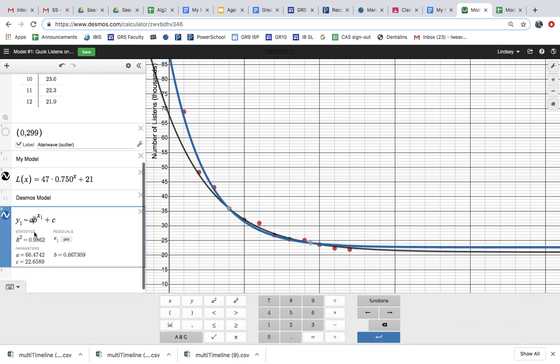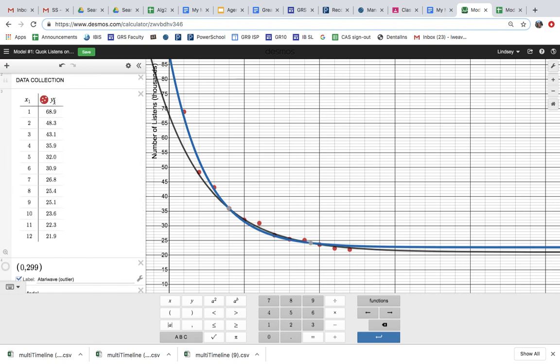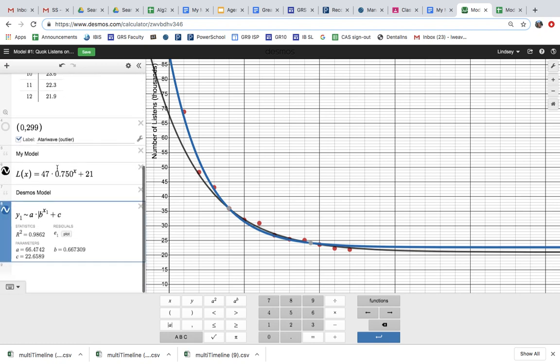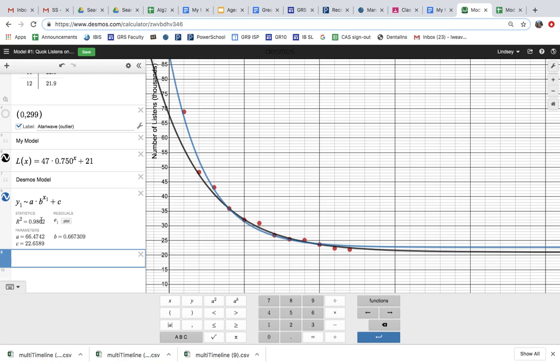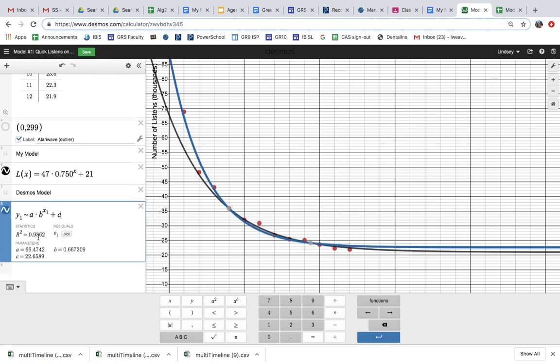And then we enter our exponential building block, a times b to the power of x plus c. My data is in y1 and x1, so I tell Desmos to use list y1 and list x1 to form that. And it says it's a pretty good model, 0.98. A perfect model that fits the data perfectly would be 1.0 here.